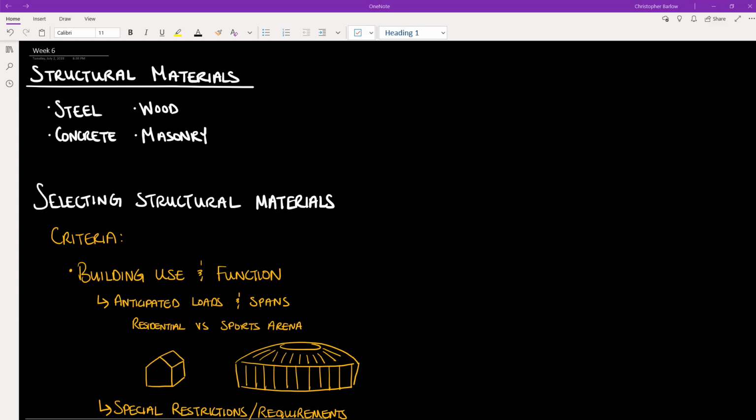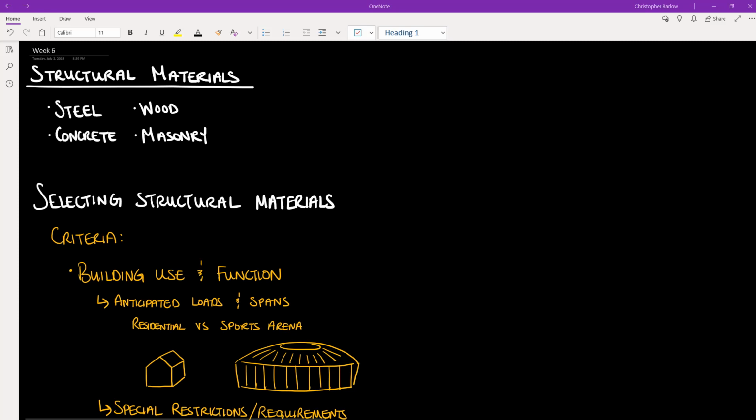So when architects select materials to use for buildings, they think about things like aesthetic, durability, cost, ease of construction, etc. And you'll notice that structural engineers have many of the same concerns when selecting structural materials for core structural elements of the building.